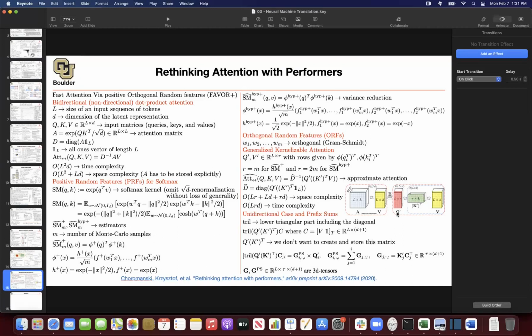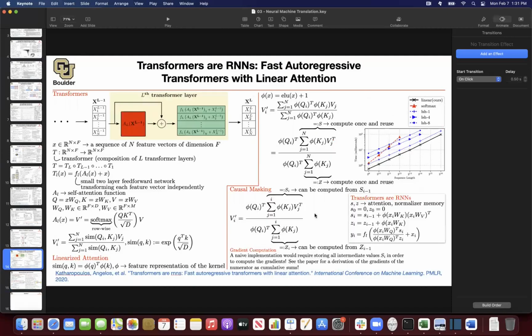Any questions about Performers? Things were a little bit more difficult when it came to the unidirectional case. And this is when you're actually decoding, the decoder part of a transformer. But if you think about it, this one is also very similar to the previous paper, where you had this recursive nature, giving you back RNNs. It's the same thing here.